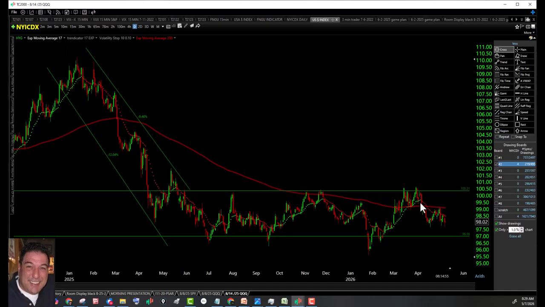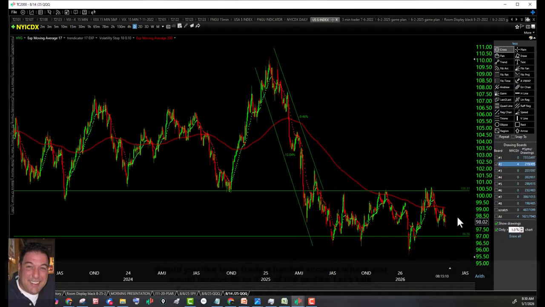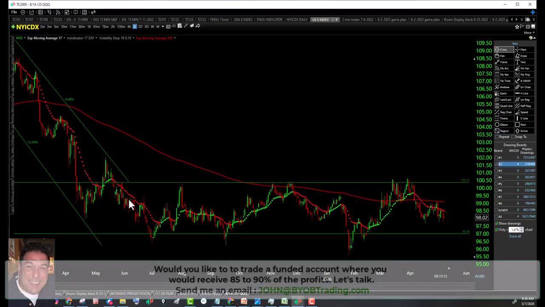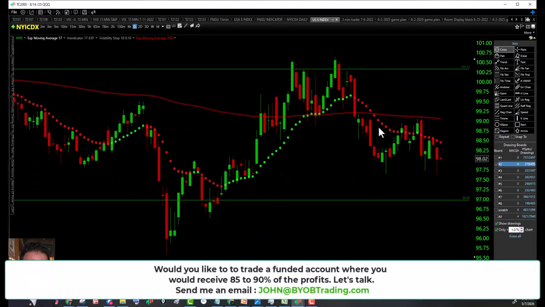So the fabric is kind of drooping on the ground here. Bear flag, they've tried 5 times, 1, 2, 3, 4, 5, to break out of the bear flag. Failed all 5 times. Currently in the big bear flag that's longer than the flagpole.